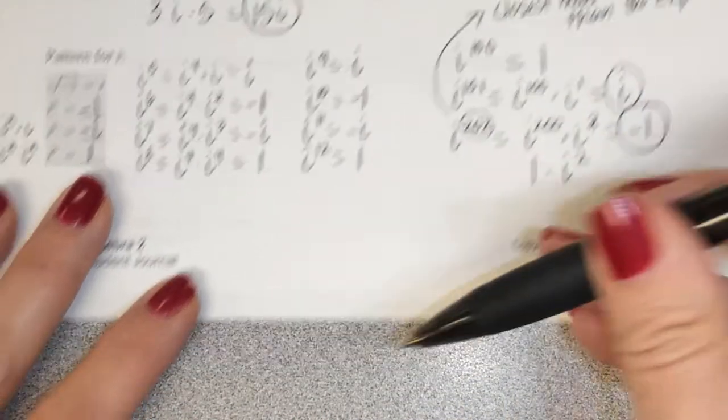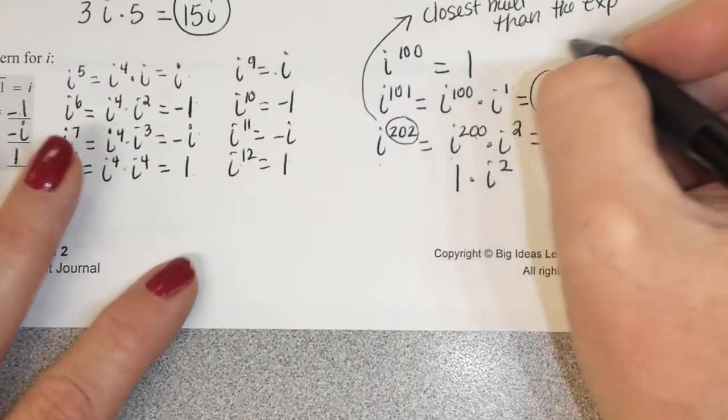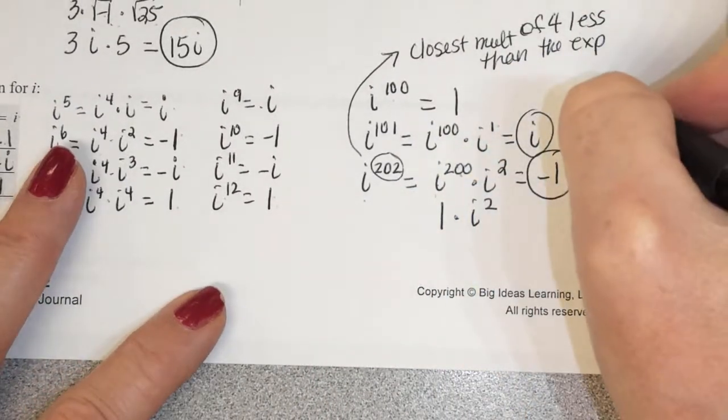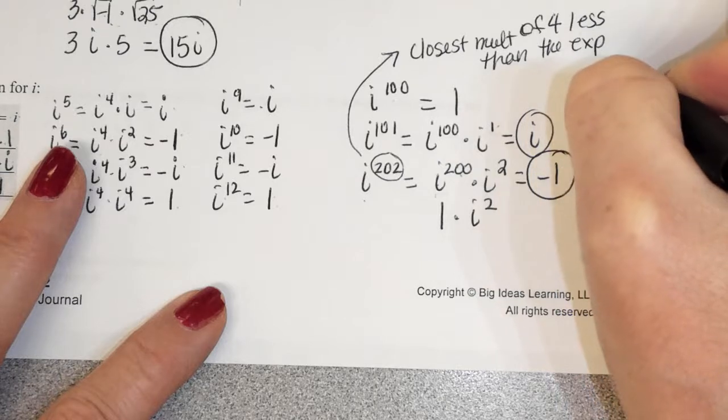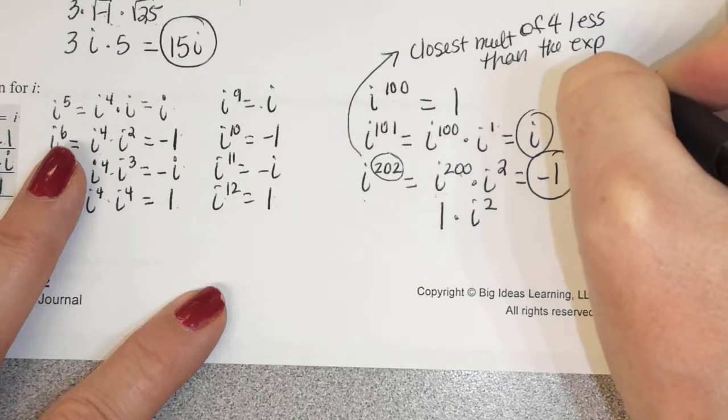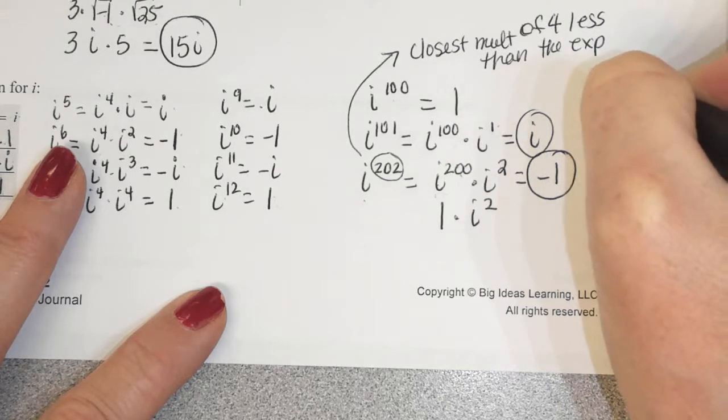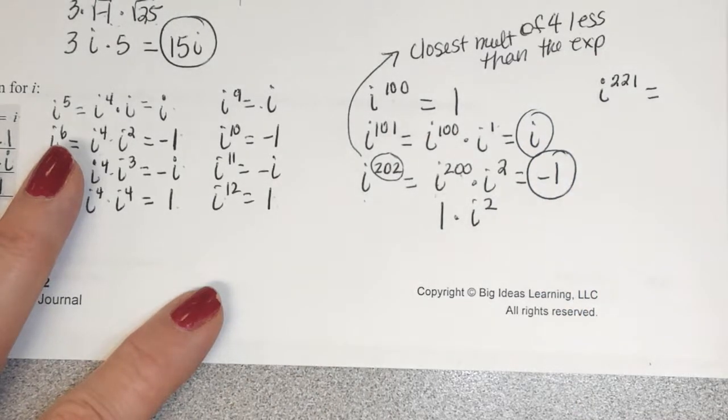All right, but either way, I want you guys to figure out this now, using either this rule or your calculator. What is i to the 221st? What do you think, Anna? i is right.